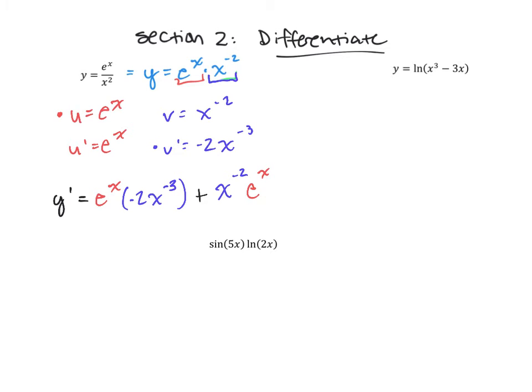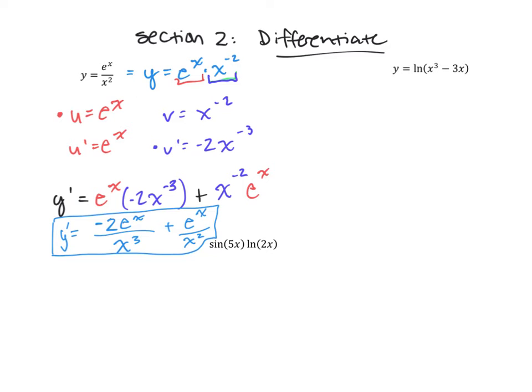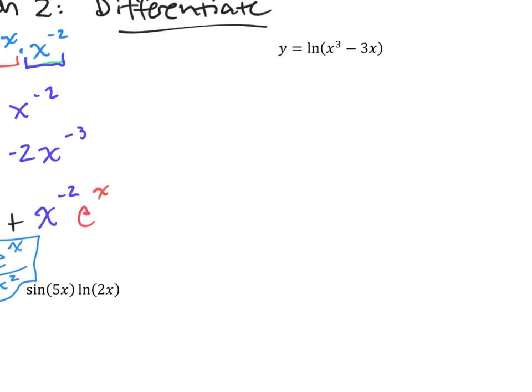And then if you wanted to simplify this, you could certainly pull this negative 2 e to the x out front, and then we'd have x cubed on bottom, plus e to the x over x squared. That is my y prime. Cool. Let me know what questions you got. Let's zip on over here.